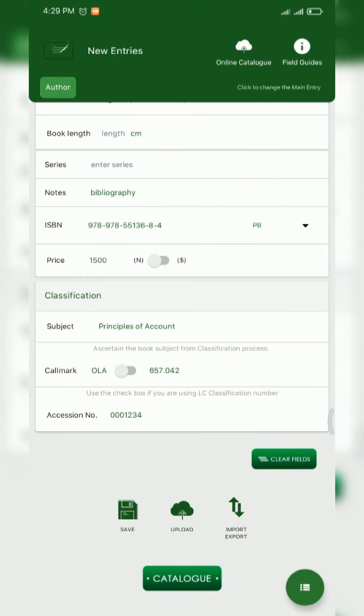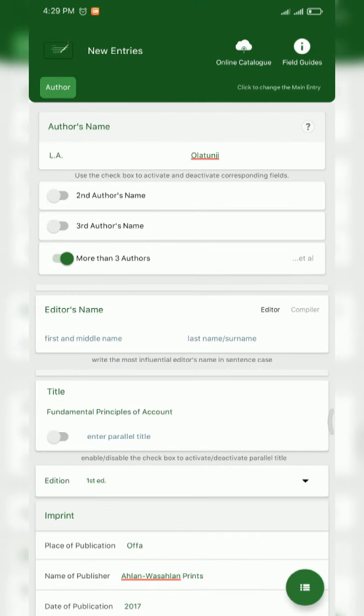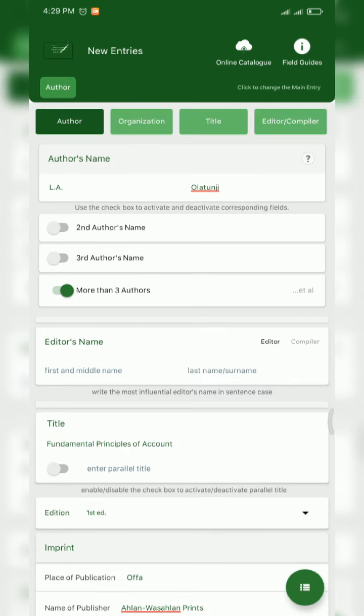So that's all. In a subsequent video, let me just hint at what you are to expect. If we take a look at the top here, you are seeing author. In my next video, I'll be showing you how to catalog a book without an author. Yes, a book that maybe doesn't have an author stipulated.